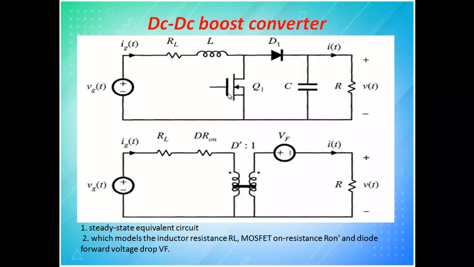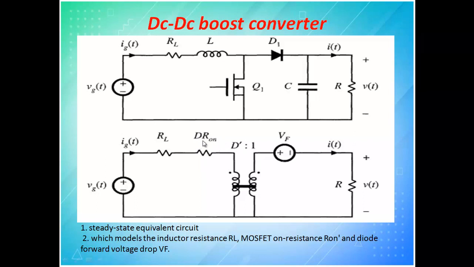I will call it R on. The reason for the suffix is that only at the time the switch is on will this resistance be there. So with respect to the duty ratio on, that is why I am putting it as R with suffix on.